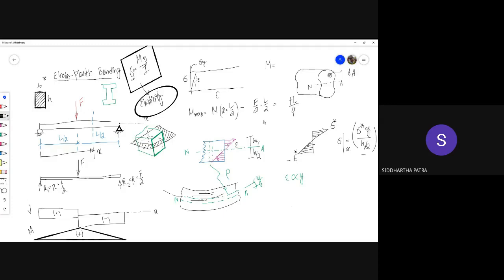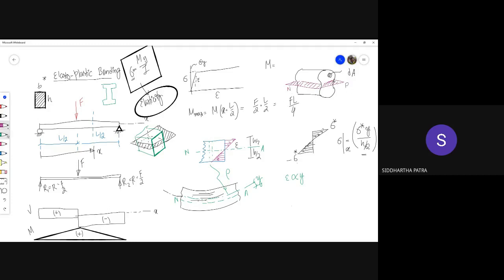And this is not how I should be drawing the neutral plane. Okay, so this is the neutral plane.